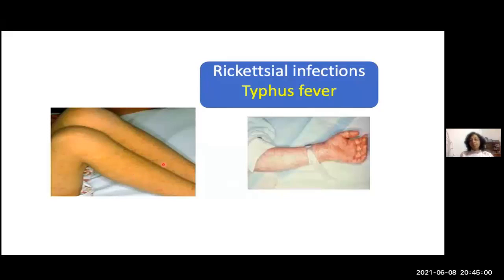It's a very variable rash, but these are some characteristic features. Typhus fever can also have other organ involvement. Like these children can develop bronchopneumonia, they can develop myocarditis, diarrhea. So many systems can get involved, and they also need treatment, investigation, so need admission for that.